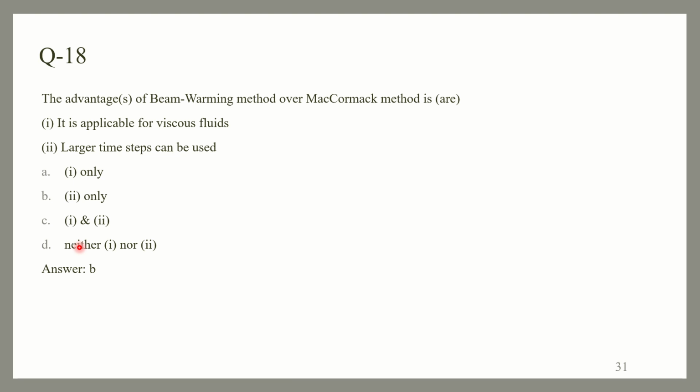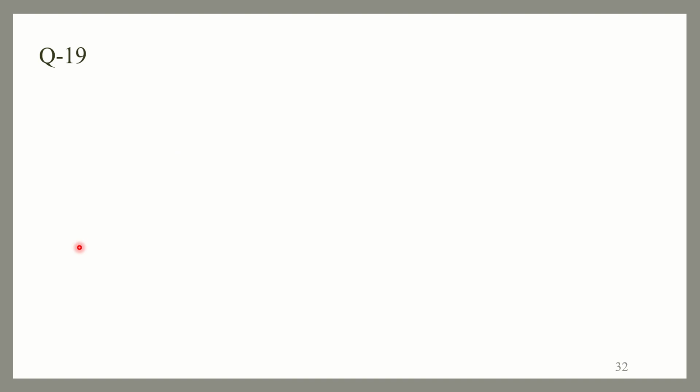We should check the values and accuracy, and if required we should reduce the time step, based on the requirement. But the advantage of the beam warming scheme over the McCormick method is that a larger time step can be used. So we go to question 19.